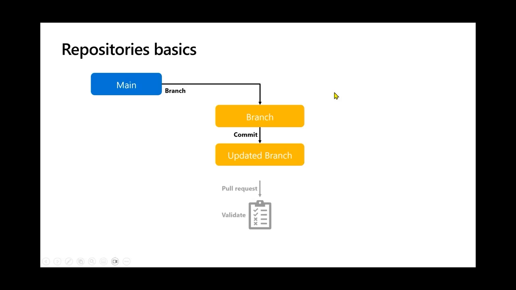When the developer thinks that the branch is in good enough shape, he or she will create a pull request. A pull request is a request to merge the changes back to main. A pull request needs to be validated and approved.